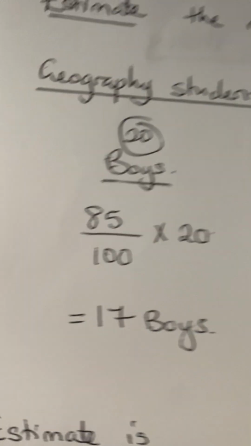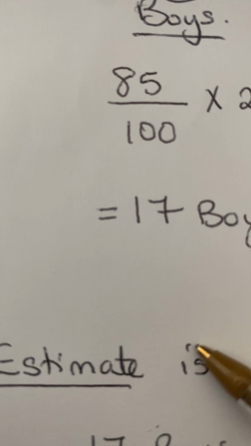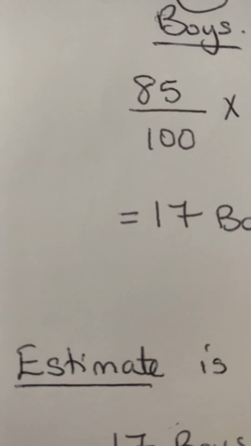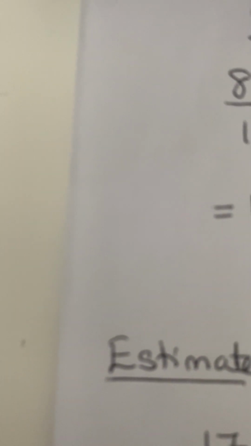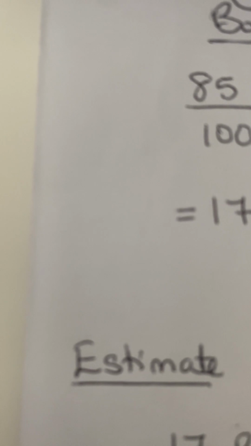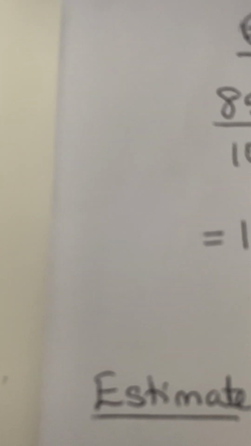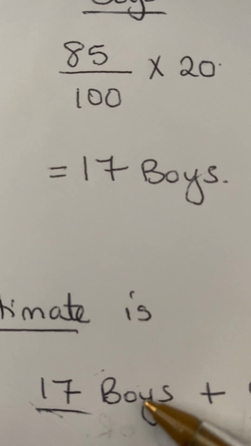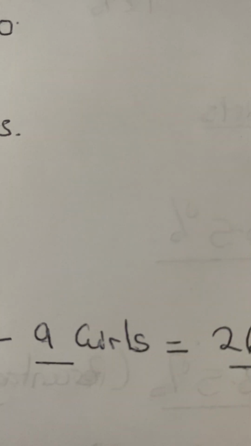So if I estimate and a girl is chosen at random from 20 boys and 10 girls, the number of students who study geography will be 17 boys out of the 20, plus 9 girls out of the 10.